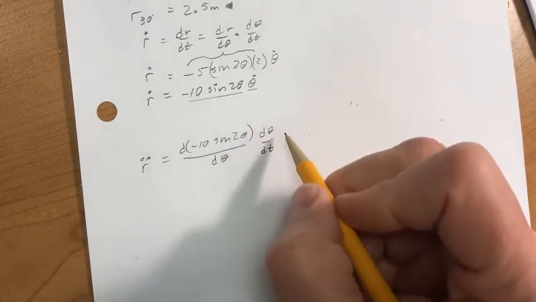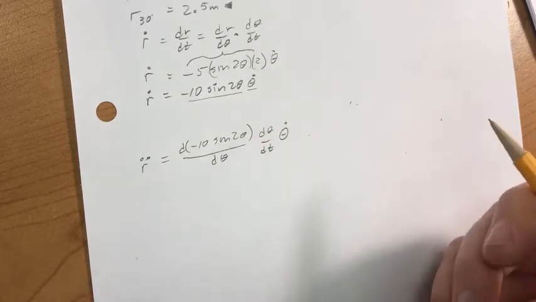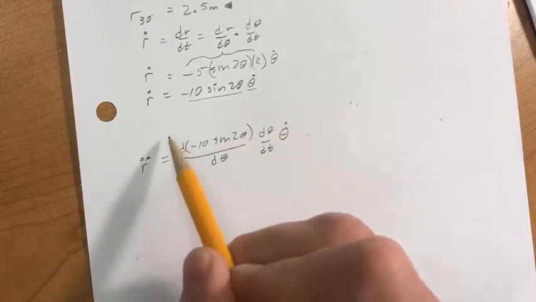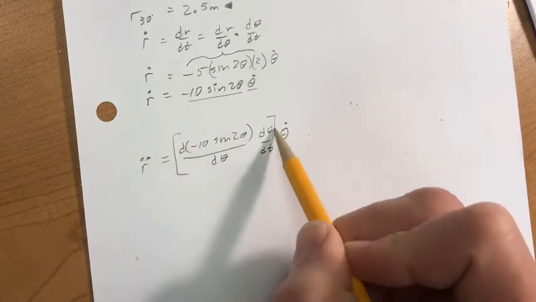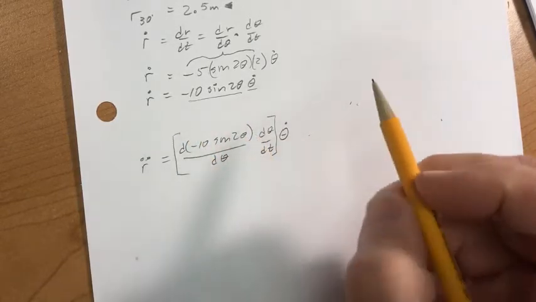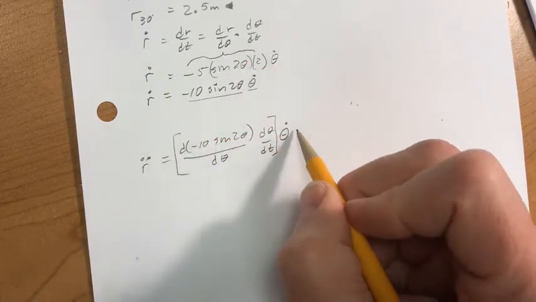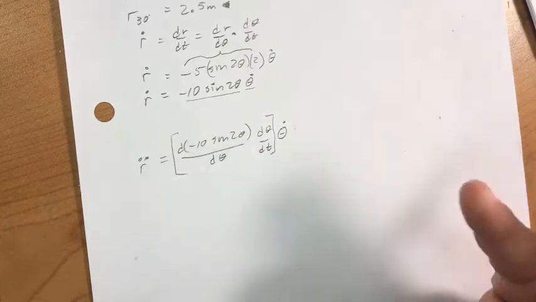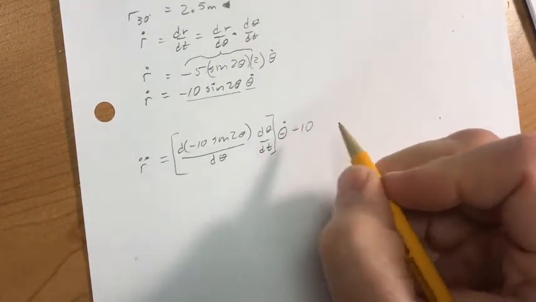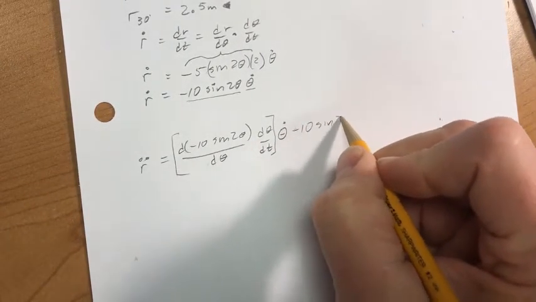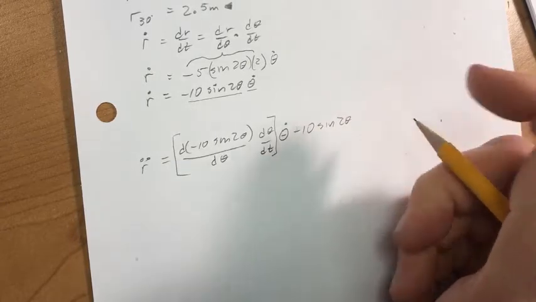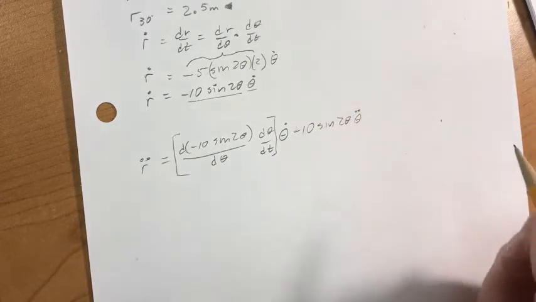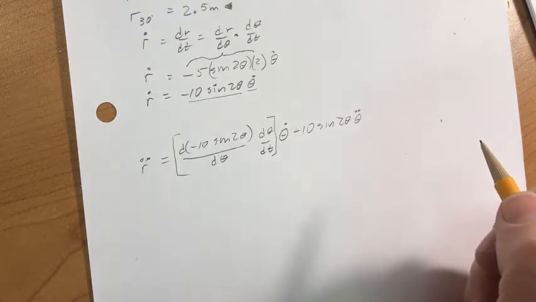So we have theta dot. So I take the derivative of this first part times this. That is all the derivative of the first part. Then I take this times the derivative of the second. So then I actually have negative 10 sine of 2 theta. The derivative of theta dot is theta dot dot, or the second derivative of theta with respect to time.